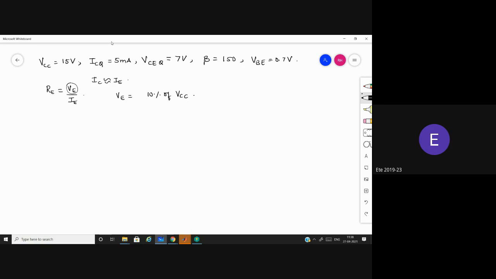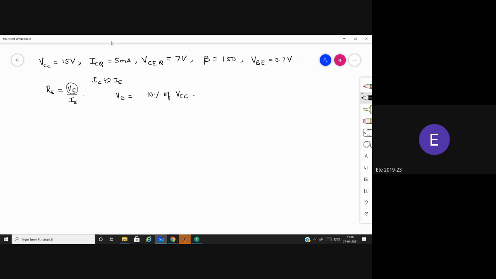If you cannot do any other thing, and we don't have any other way to find, then you have to go for this. You should not use this 10% of VCC everywhere. Only when it is not possible, when resistor values are not given, and you cannot decide whether we can go for accurate analysis or approximate analysis, then you have to use this one. Not every time. Please remember.